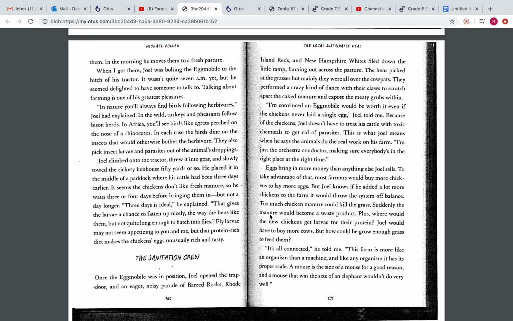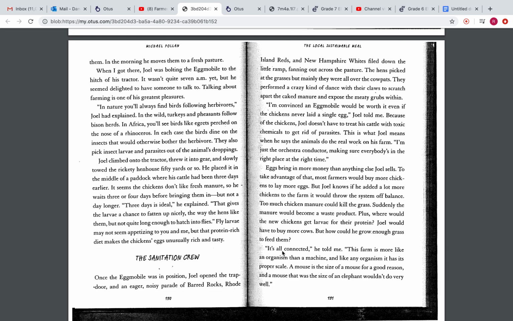Or the toxins would be released and manure would become a waste product, and that would affect the animals and the food that we eat as well, right? So he believes that a farm needs to sustain its balance, hence the name local sustainable. And that is how everything is kept natural and healthy.